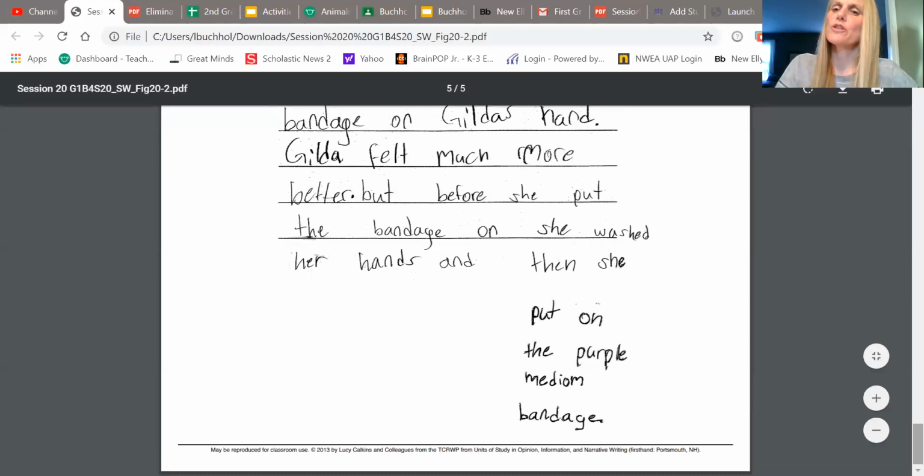So when you're writing a fiction story today, try to keep in mind to have a problem and then a solution. And try to make a problem that's more like a first grade problem. So a problem that might actually happen to a first grader, like maybe your character loses a tooth and actually the tooth gets lost before she can put it under her pillow.